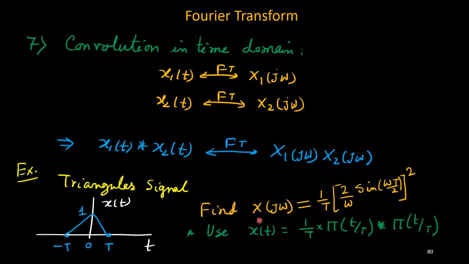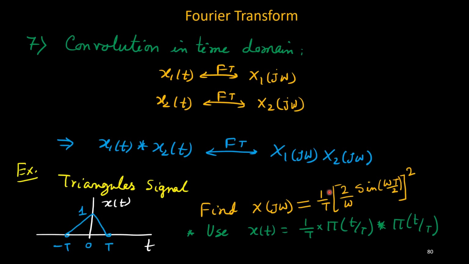So X of j omega, by simply using this property, is the product. This 1 upon T is one scaling factor, which is fine. The Fourier transform of the gate signal has value 2 upon omega sine omega T by 2. Again its value is the same, so I'll get the square of that.